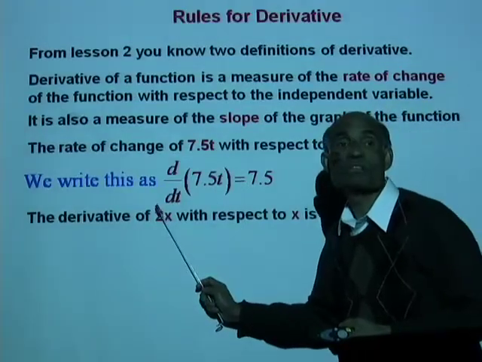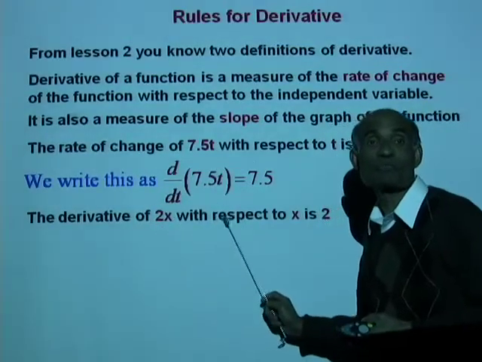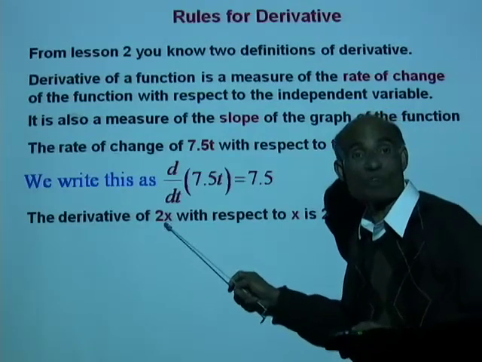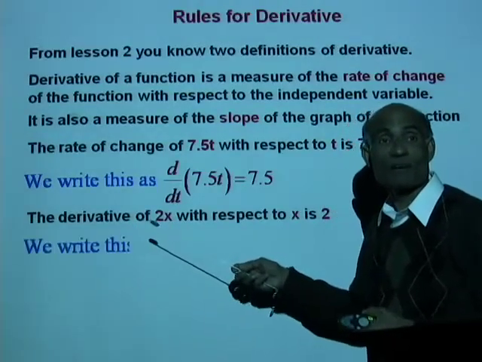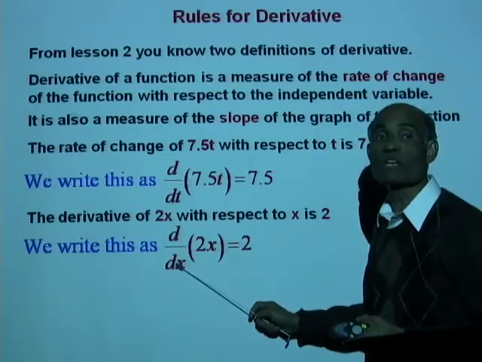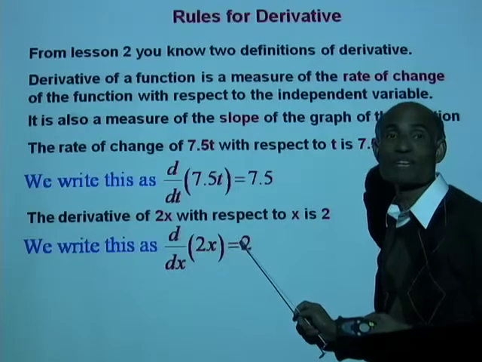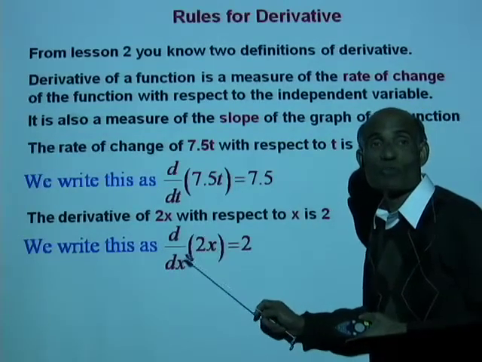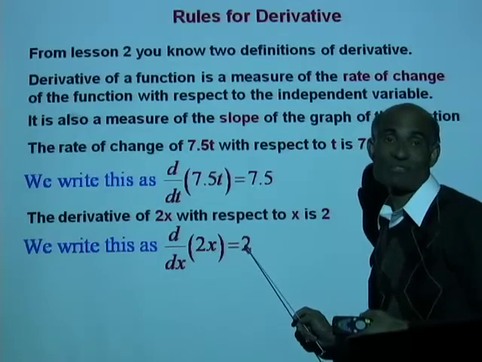Similarly, the derivative of 2x with respect to x is 2. The rate of change of this quantity will be 2. And how do you write that in this format? We say d by dx of 2x equal to 2. The derivative of 2x with respect to x is 2.